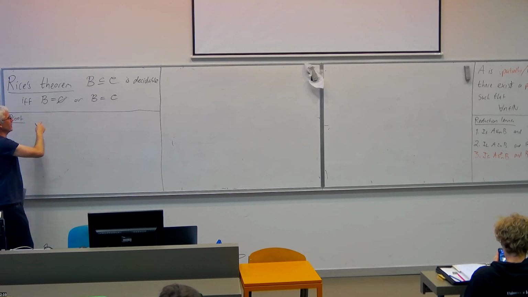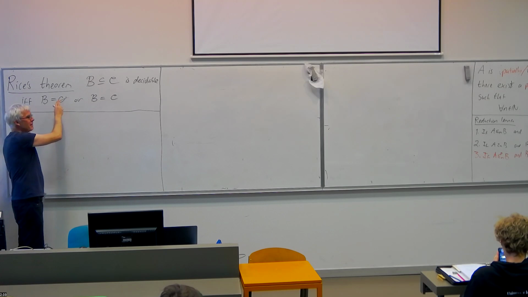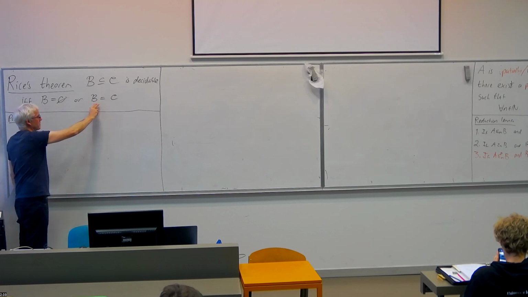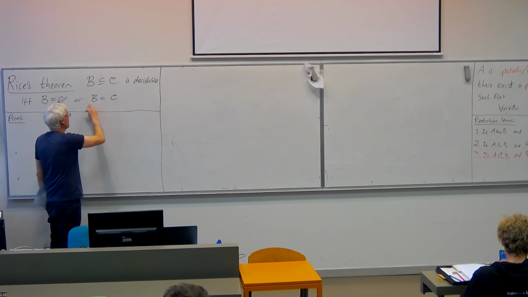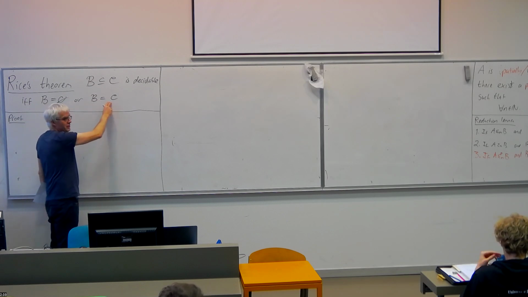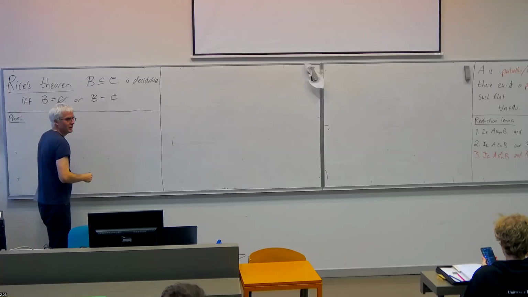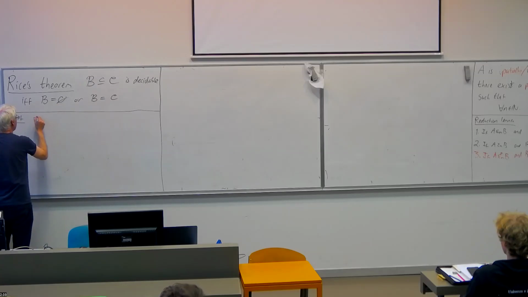The right to left implication simply says that the empty set and the full set of computable partial functions are decidable. That's trivial, because the characteristic function of the empty set is the constantly zero function, the constantly false function if you like, and the characteristic function of the full set is the constantly one function, both of which are computable. So that's trivial.